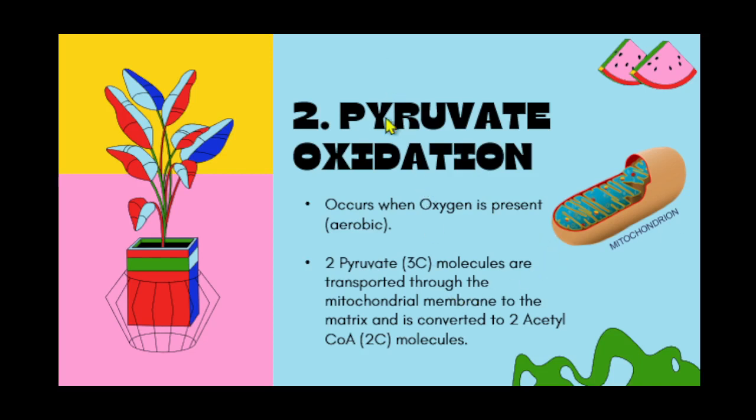It's like moving the pyruvate to the matrix inside our mitochondria. Once that is done, pyruvate will be converted into acetyl-CoA.